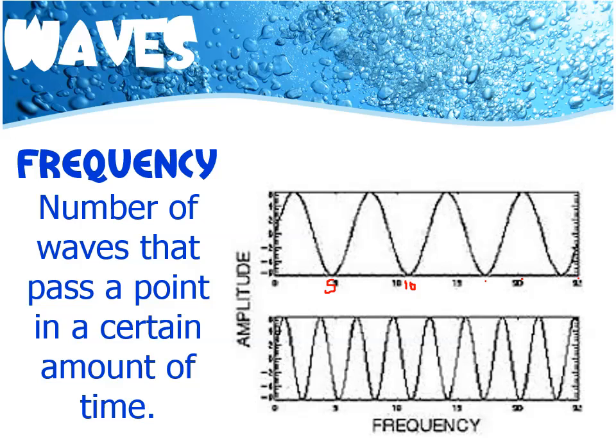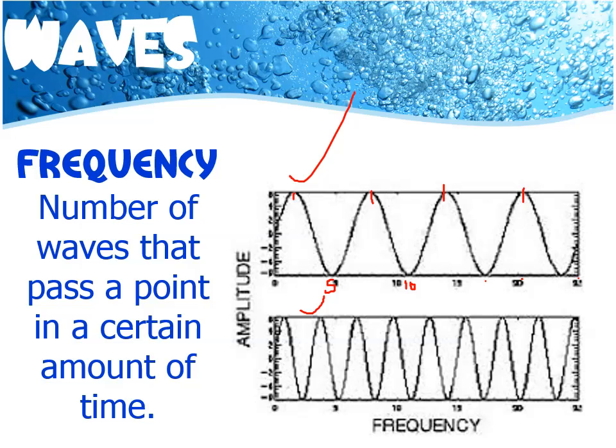So this top one is a wave and this one is a wave too. But we see that one has a higher frequency than the other. So if we count the crests, we have 1, 2, 3, 4 waves in, what is that, like 25, let's say it's seconds, 25 seconds.